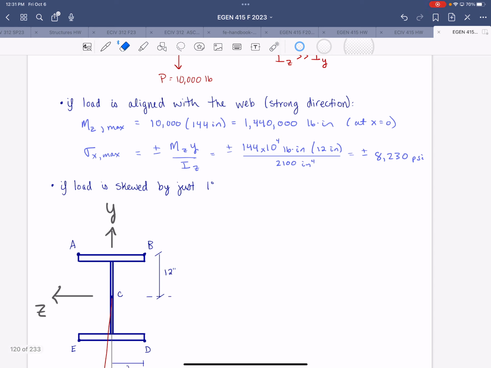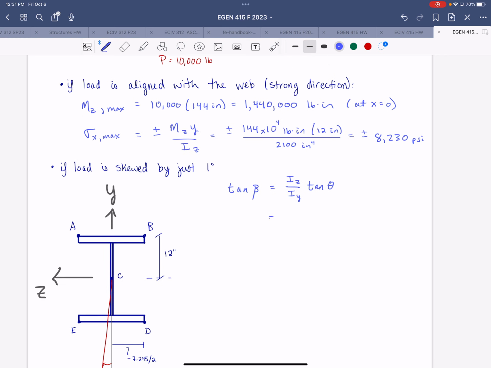So first we've got to identify the orientation of the neutral axis, right? So go to that relationship between beta and theta. Tangent of beta is equal to IZ over IY times tangent of theta. So that's going to be 2,100 over 42.2 times tangent of 1 degree.